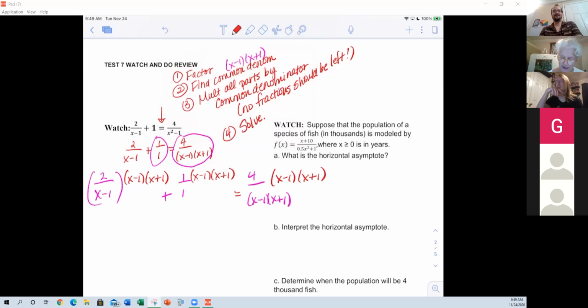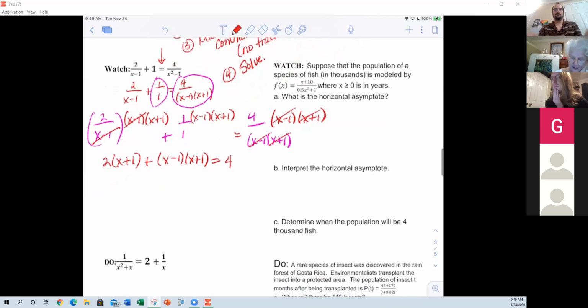So you're just multiplying every single part by the lowest common denominator. And in this case, the x minus 1s will cancel. And so that's going to leave us with 2 times x plus 1. Nothing will cancel here. So that's plus x minus 1 times x plus 1 equals, everything cancels here, 4.